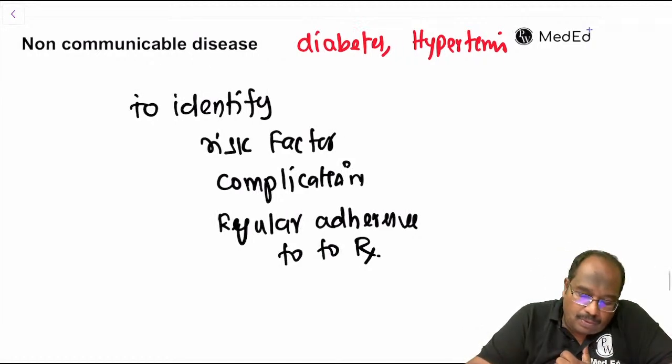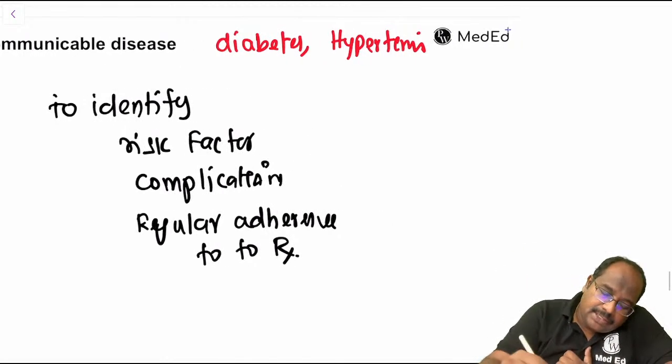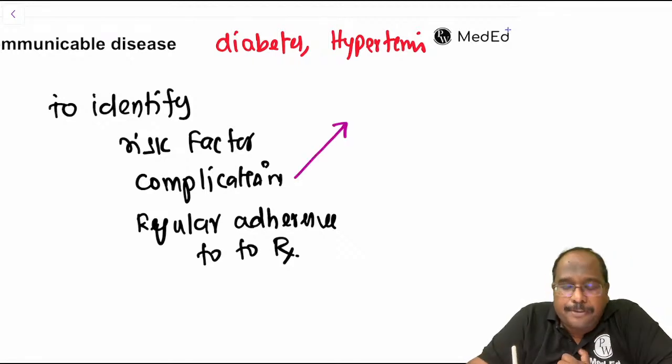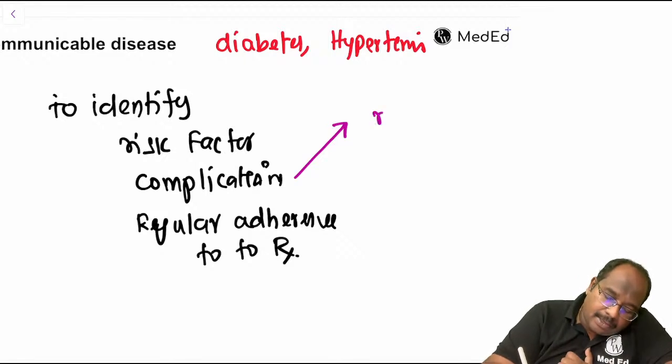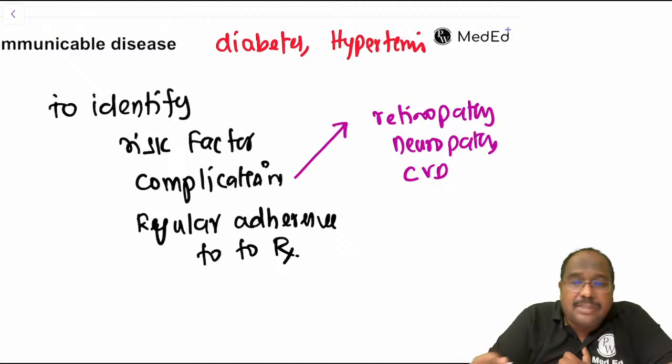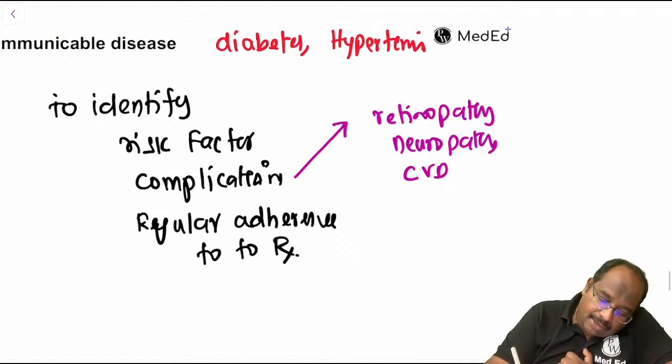This is the objective. Now, in a case of diabetes, what are the complications you can expect, guys? You can expect retinopathy, neuropathy, cardiovascular disease, nephropathy.